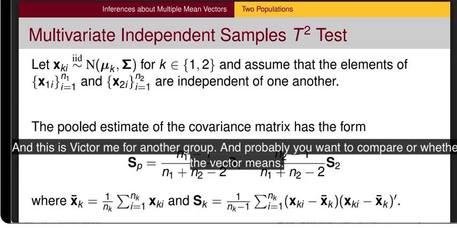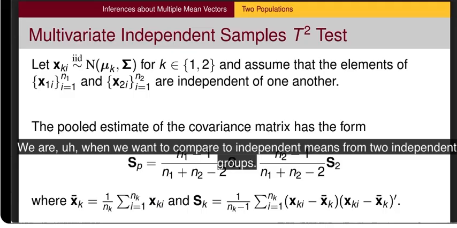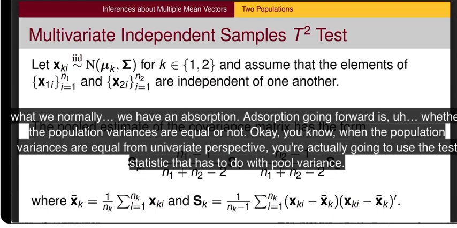And probably you want to compare whether the vector means are the same or not. We are borrowing an idea from univariate statistics, where when we want to compare two independent means from two independent groups, we have an assumption going forward: whether the population variances are equal or not.